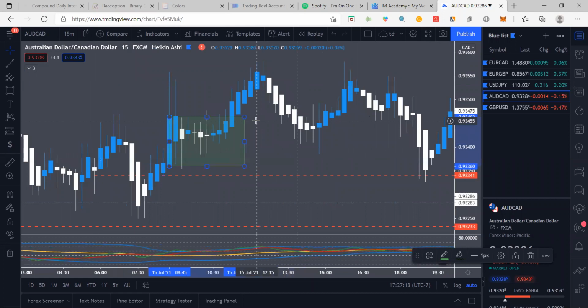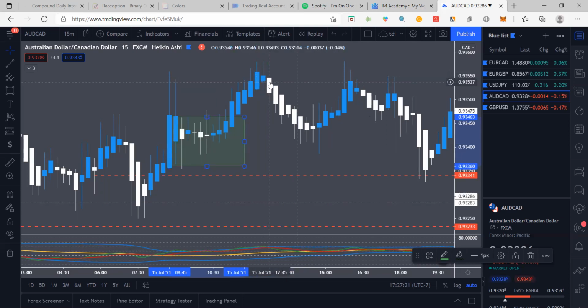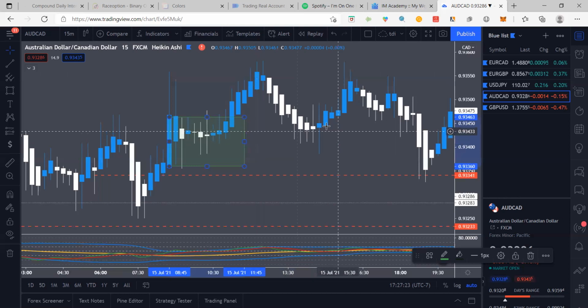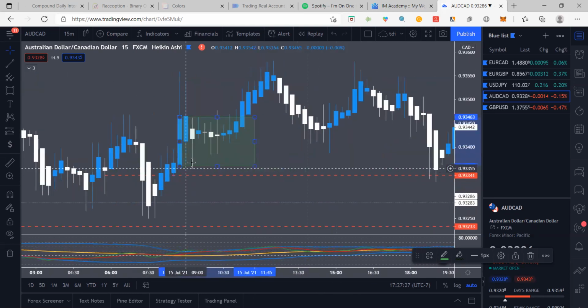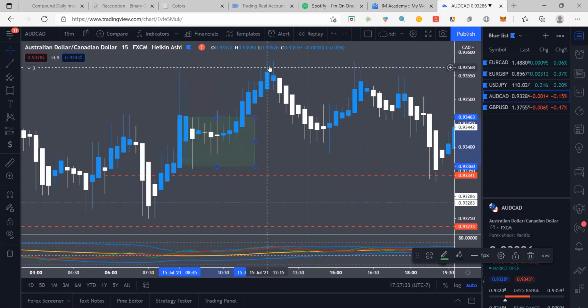You can actually tie this to colors, okay? So the longer the body, the stronger the momentum. Momentum dies down, consolidation, sellers came in, consolidation, and so on and so forth. The candle opens in the middle of the previous candle. The way the candle closes will determine how strong the momentum was in that candle.